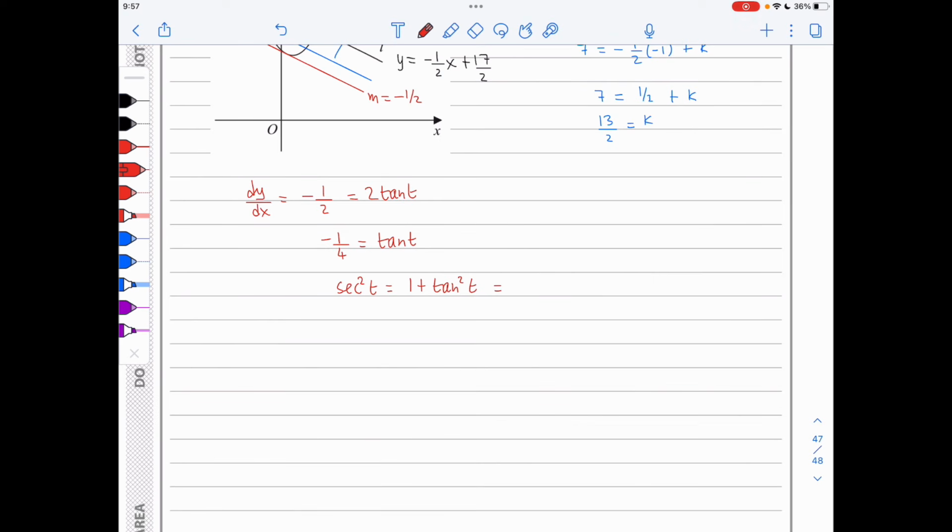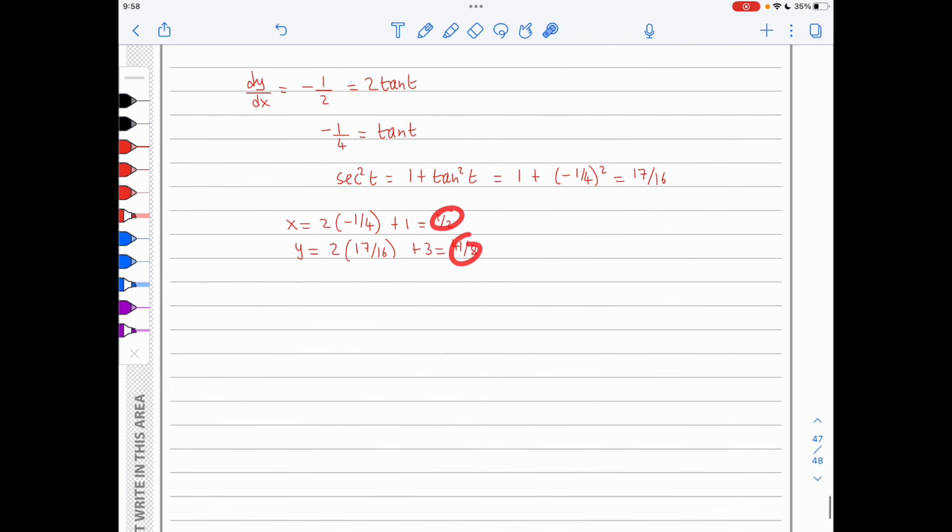So sec squared t will be 1 plus minus a quarter squared, which leads to 17 over 16. And therefore x is 2 tan t, which is 2 times minus a quarter, plus 1, which leads to a half, and y is 2 sec squared t, which is 17 over 8, plus 3, which gives an answer of 41 over 8. So we know that the point at which the line is tangential is (a half, 41 over 8).